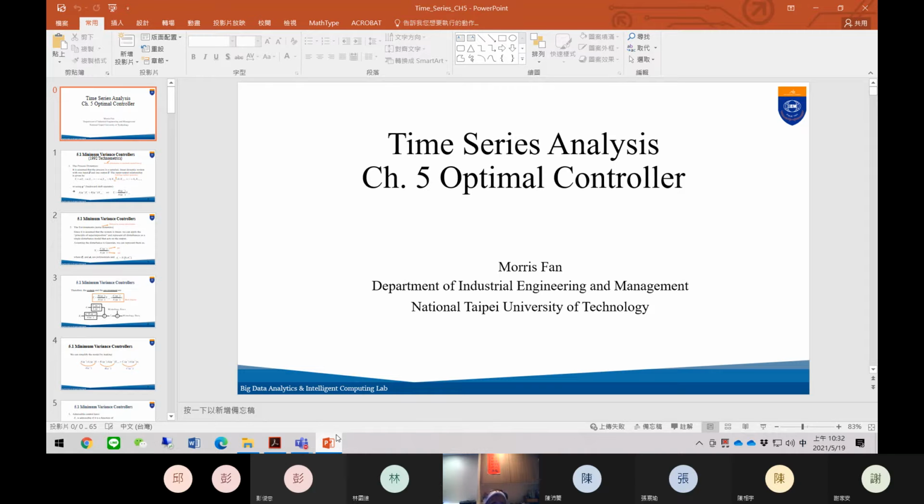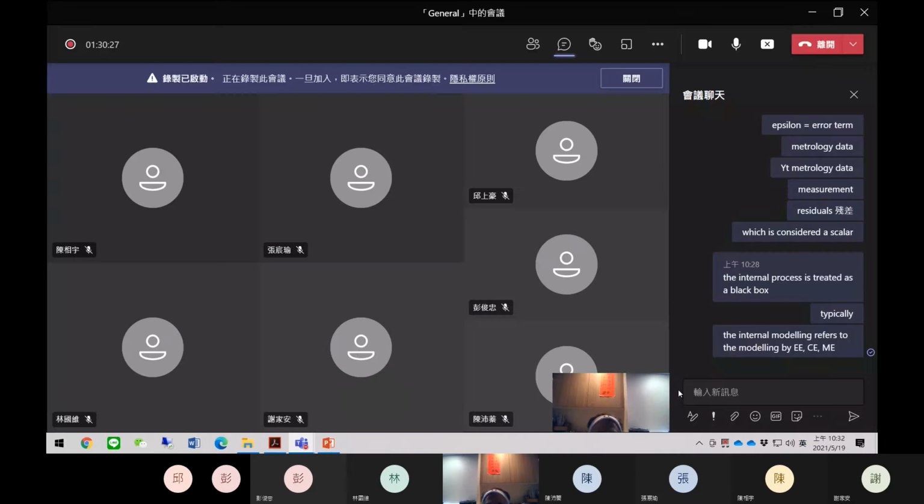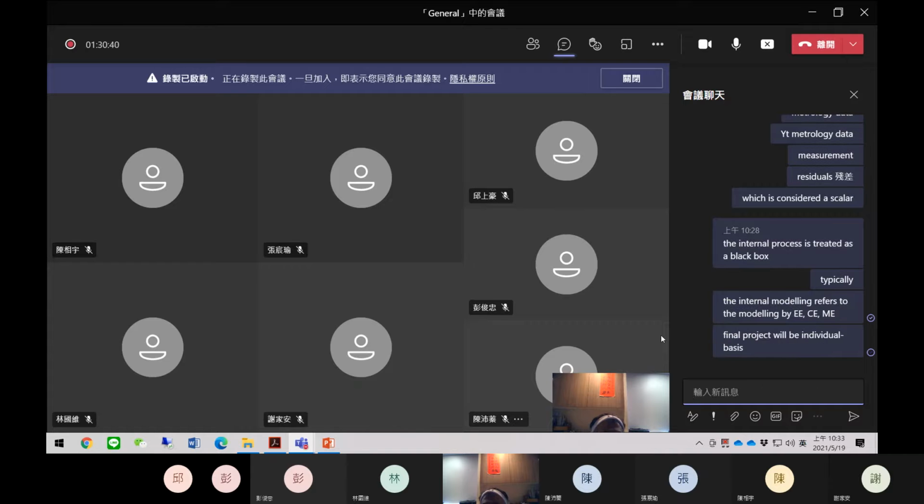It will be covered as project number 2, the final project. The final project is a little bit harder. So the final project is going to be individual as well. Final project will be on an individual basis for sure.